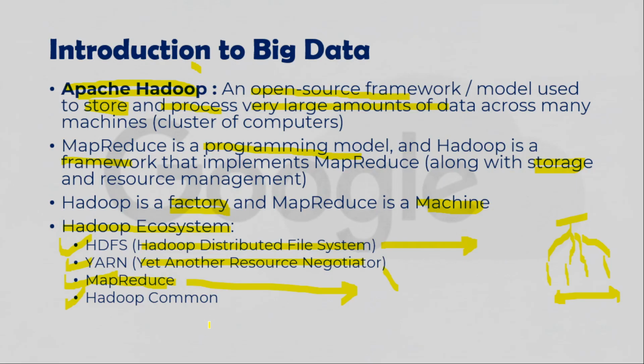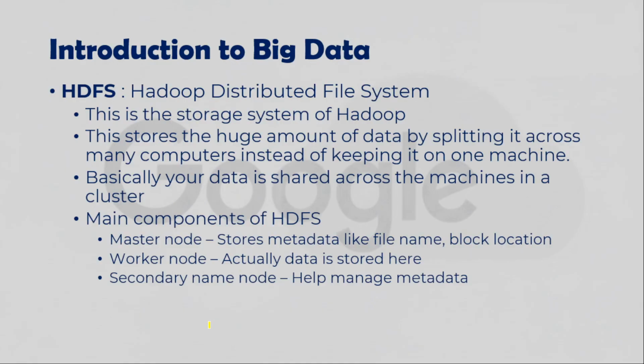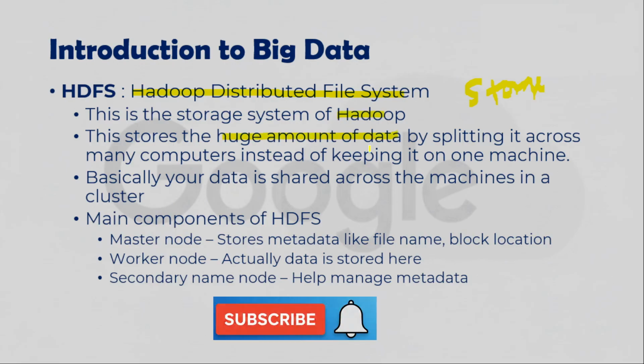Let's go to the next slide and see what HDFS is. HDFS is the Hadoop Distributed File System. In generic terms, we can call this the storage part. This is the storage system of Hadoop, and it stores a huge amount of data.